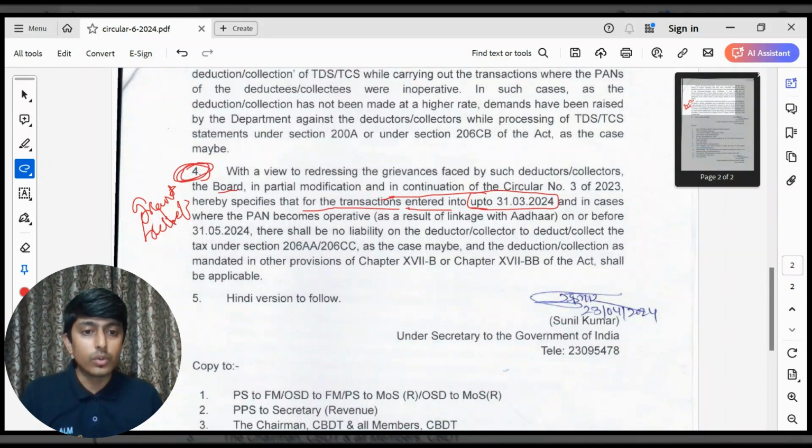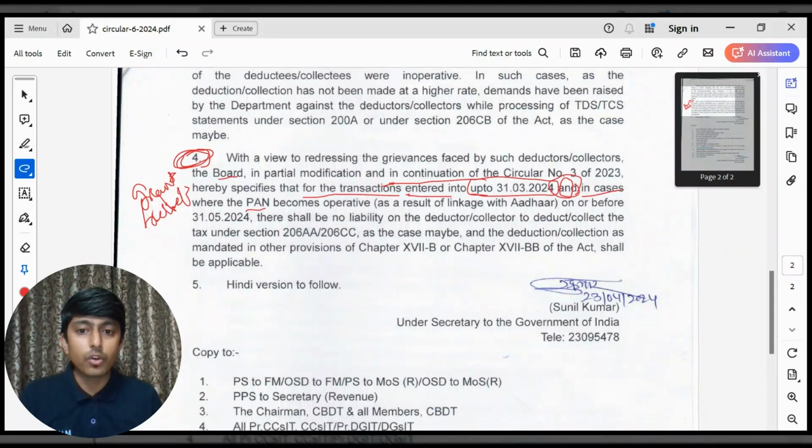And please go and read this. It says, and again a condition, in cases where the PAN becomes operative as a result of linkage with the Aadhaar card on or before 31st May 2024. So what do you have to ensure?